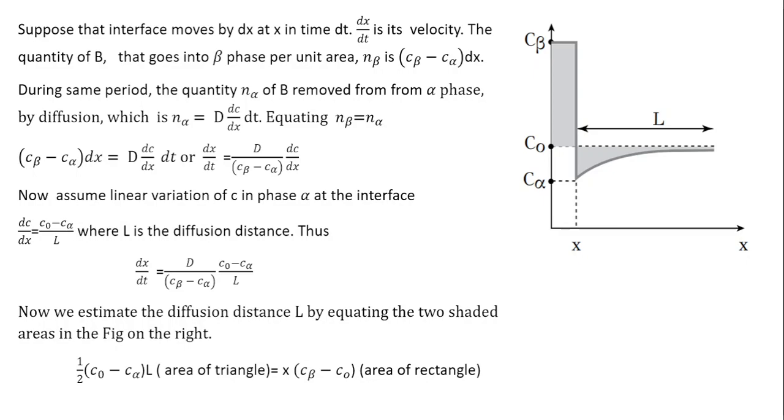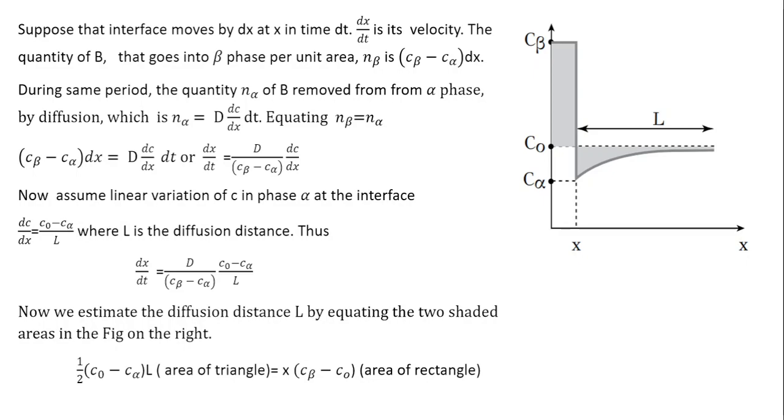So this is more clear here. This is the composition C beta. This beta is rich in solute B, so that is what is shown, and this is the as-quenched composition, and this is where you have C alpha.